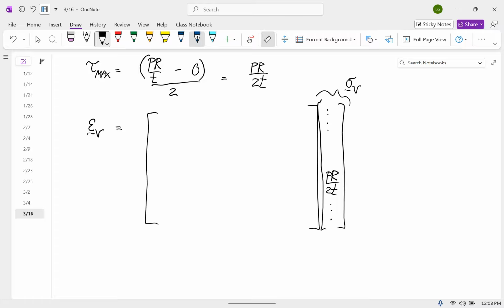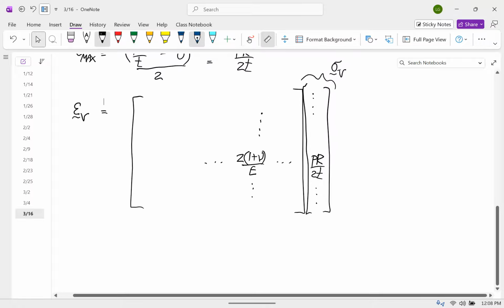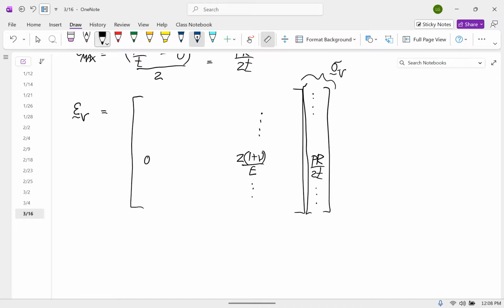And in order to get that Voigt strain, we have to multiply this shear element by 2 times 1 plus nu over E. So the key thing, I guess, is that this whole row is zeros, except for that element, 2 times the quantity 1 plus nu over E.